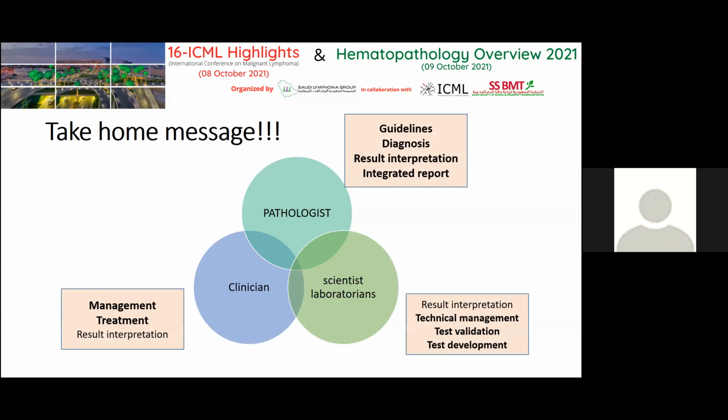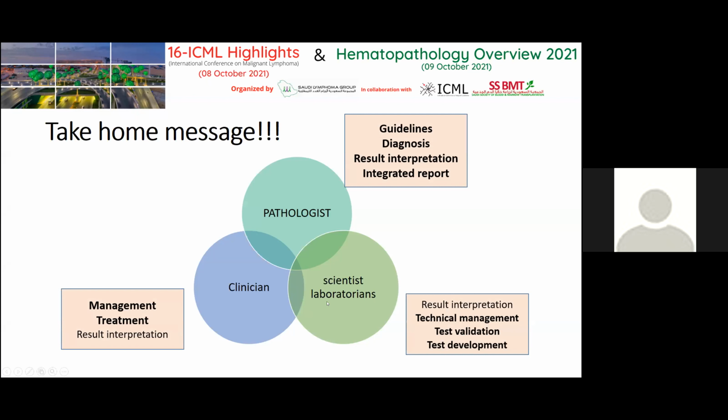The goal of hematopathologists is to create guidelines and algorithms to ensure that molecular tests or other ancillary tests are ordered on the right sample at the right time for the right patient to meet the clinical need of each patient, and to create an integrated narrative report that is really the result interpretation for the clinician.